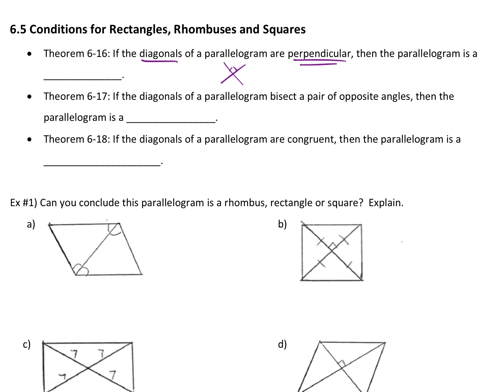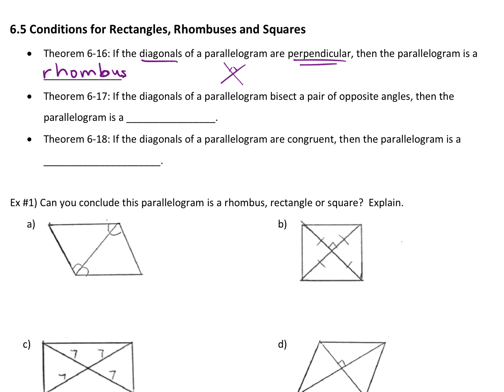A rhombus, right? Then the parallelogram is a rhombus. So if the diagonals are perpendicular in a parallelogram, it must be a rhombus. Now it can be more specific. It can be a square, right? A square is a rhombus, but it has to be a rhombus if the diagonals of a parallelogram are perpendicular. That's the first one.